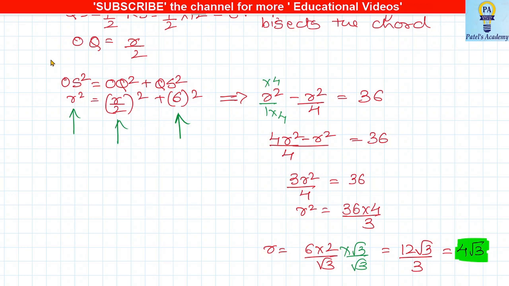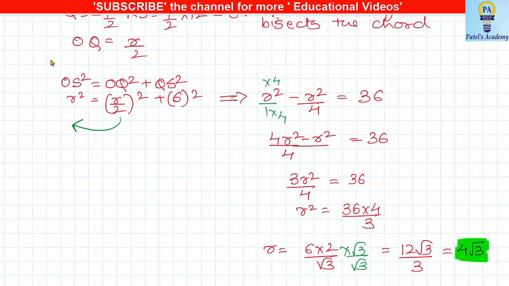Okay, so what I'm doing is I am squaring R upon 2 square, that is R square upon 4, and then I'm shifting that on the left hand side. See the next step on the right side. R square minus R square upon 4 equal to 36. LCM is 4. So I get into 4 to the first term. So 4R square minus R square upon 4, that is 3R square upon 4 equal to 36. After I shift the terms, I get R square equals to 36 into 4 upon 3.